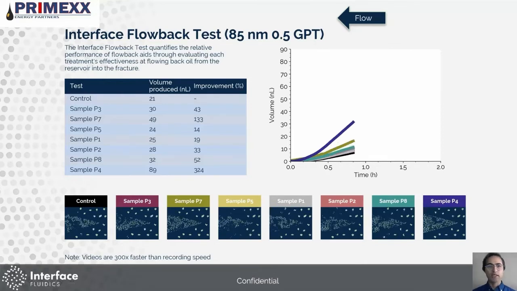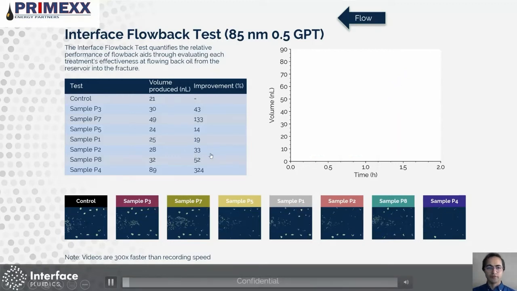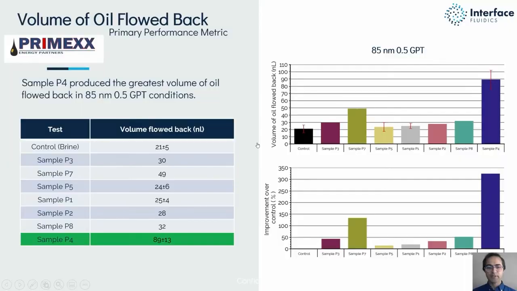Again, the operational conditions are the same for everything, and then the improvement factor over the control means how much improvement in the oil flowback you get from different cases. This table and the graphics show the final volume and the improvement factor over the control. As you can see, sample P4 produced the maximum amount of oil, with over 300% improvement, and you see the ranking for different cases.